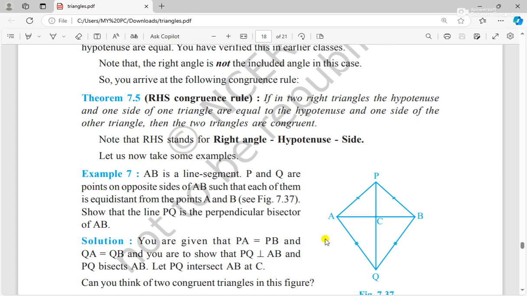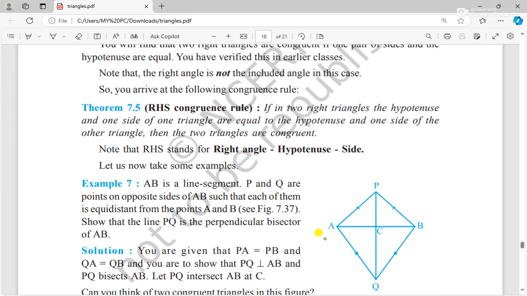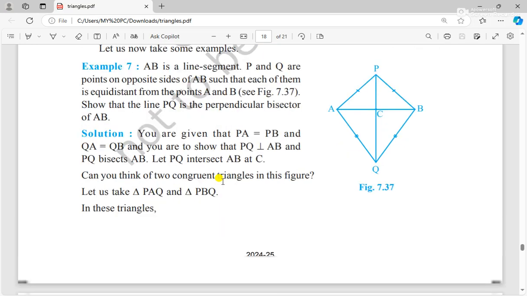That means if there are two right angles of 90 degrees, suppose this is a triangle, right? If the hypotenuse and one side of one triangle are equal to the hypotenuse and one side of the other triangle, then the two triangles are congruent to each other, right?